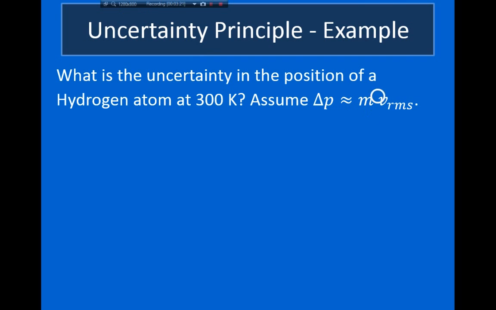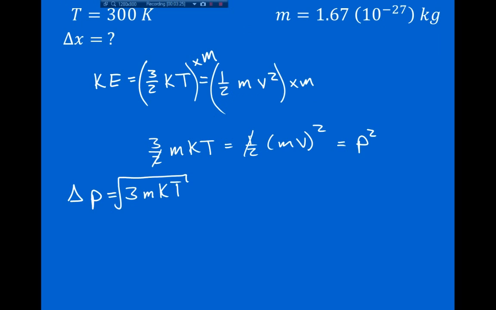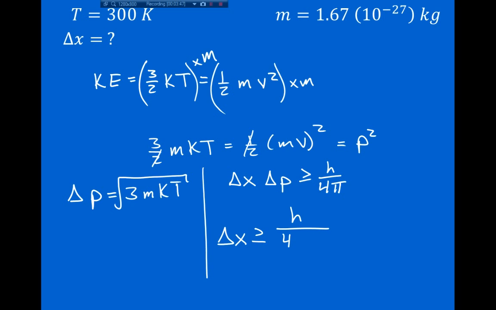So now all I have to do is plug this into the Heisenberg uncertainty principle to find my uncertainty in the position. So we have the uncertainty in the position times the uncertainty in the momentum must be greater than or equal to Planck's constant divided by 4 pi. So the uncertainty in the position is greater than or equal to Planck's constant divided by 4 pi times my uncertainty in the momentum.